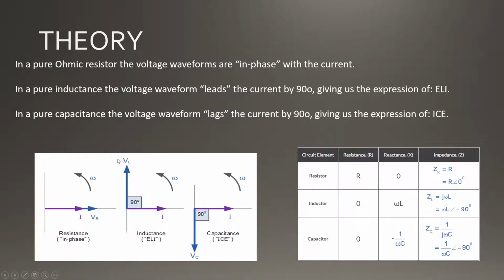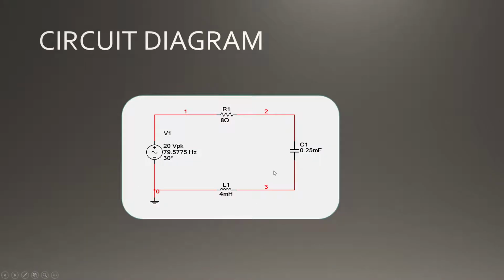So this is our circuit diagram which we are going to solve in Multisim. But before doing that, we are doing some calculations to prove our calculated values with the measured values.